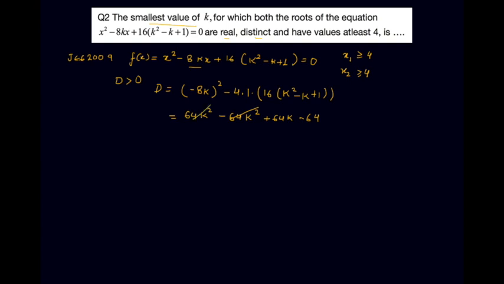So these terms cancel out and we have 64 multiplied by k minus 1. Now this value should be greater than 0. So that implies k should be greater than 1.